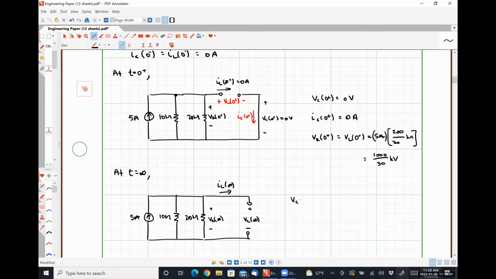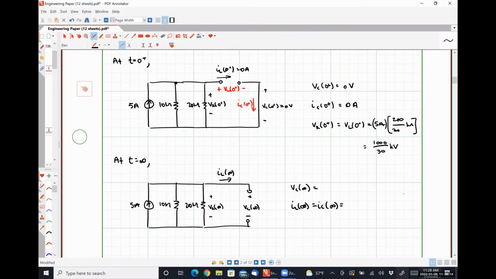Somebody tell me what some of these values are going to be. Start with something easy. Our inductor current, which is identical to our capacitor current at infinity, has to be what? 0, because our capacitor looks like an open circuit, and so no current can pass through it.